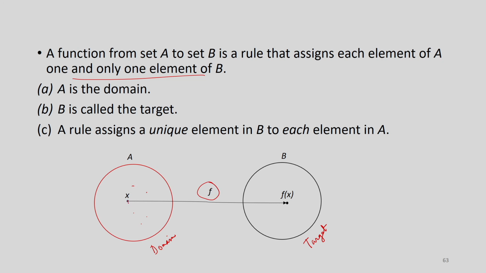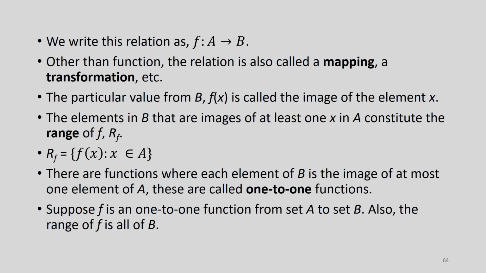So, here you are taking element x from A, and this function gives you a unique element f of x in B. And we write this relation as f from A arrow B. So, f is a function from A to B.